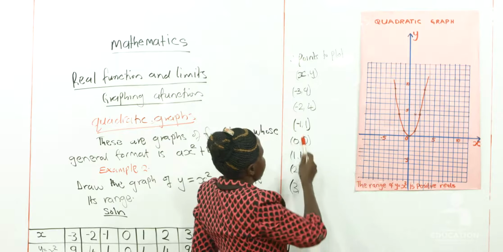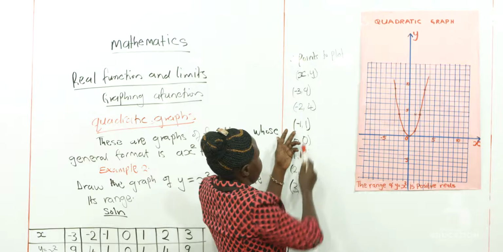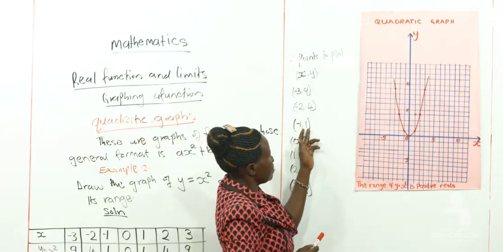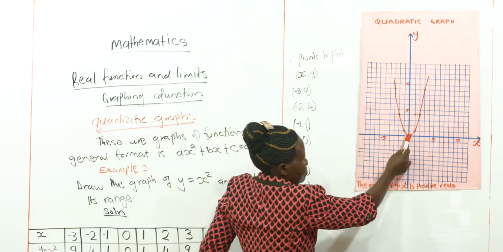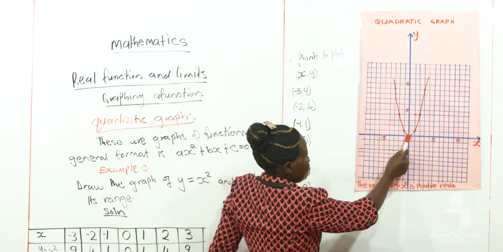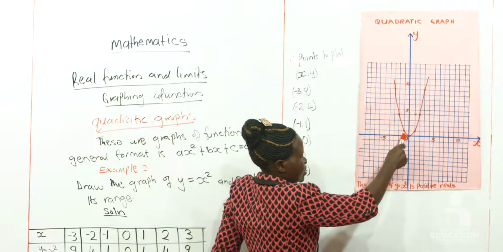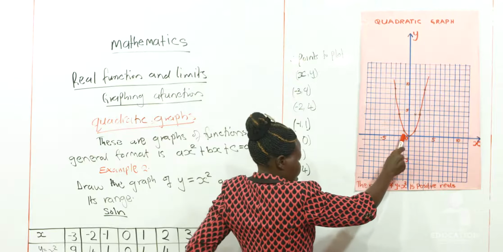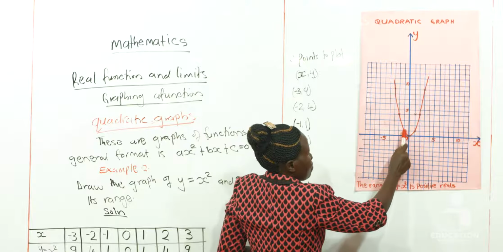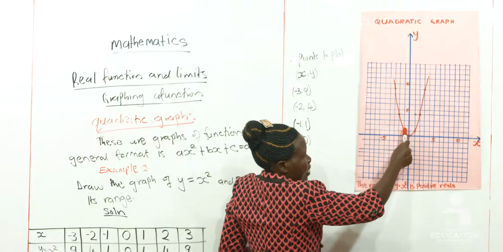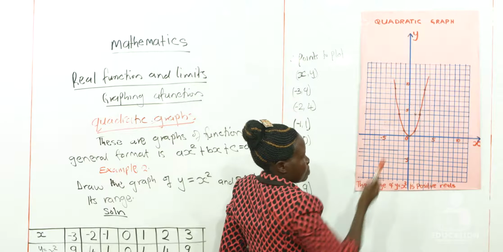And then you come to point number 3, that is -1, +1. So you come to 0 here, and then move 1 step backward on the x-axis. That is -1 is here, and then 1 step forward, which is 1. So it will be here. Then you mark it there.